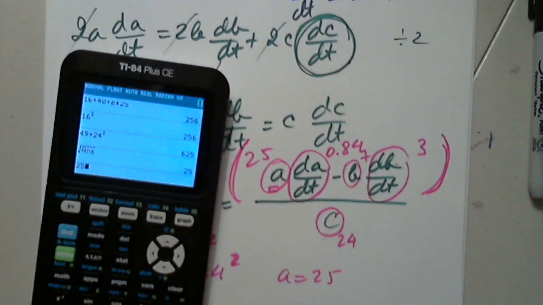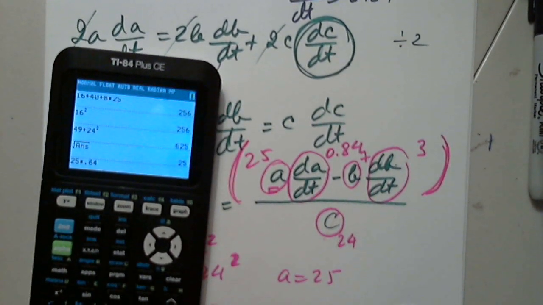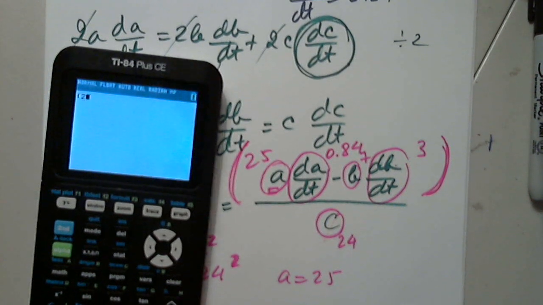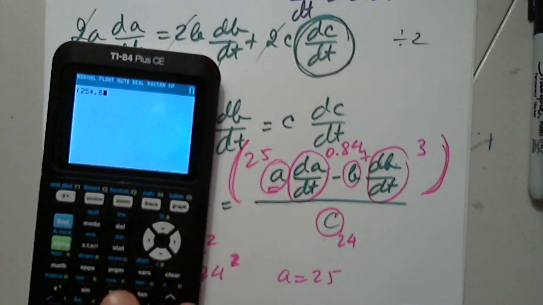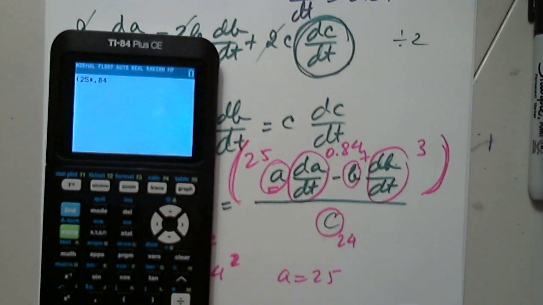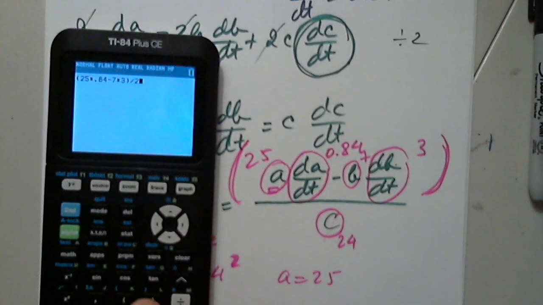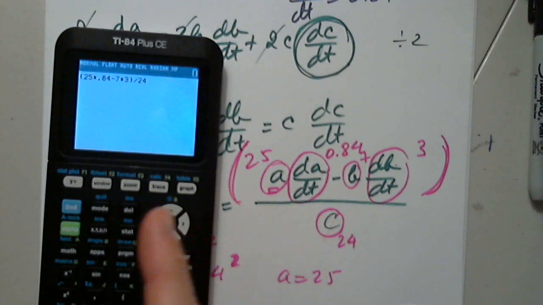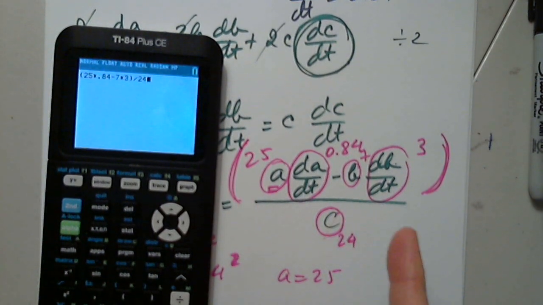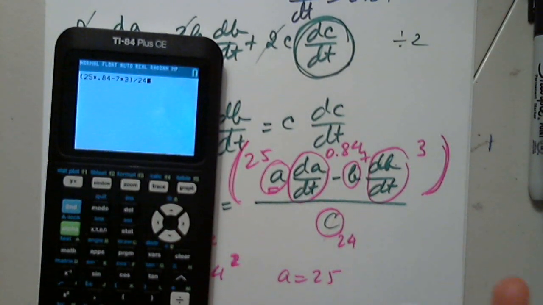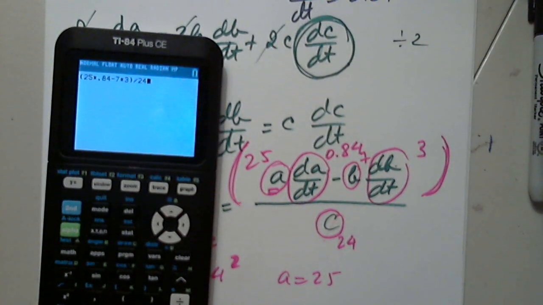So 25 times 0.84, minus 7 times 3, close, and divide by 24. Checking now. 25 times 0.84, yes, minus 7 times 3. Well, that's 21.